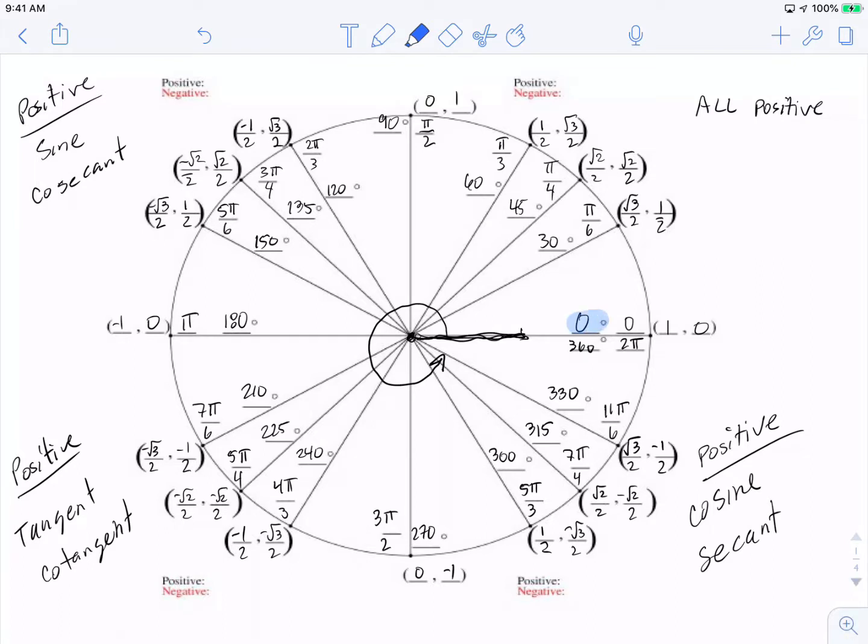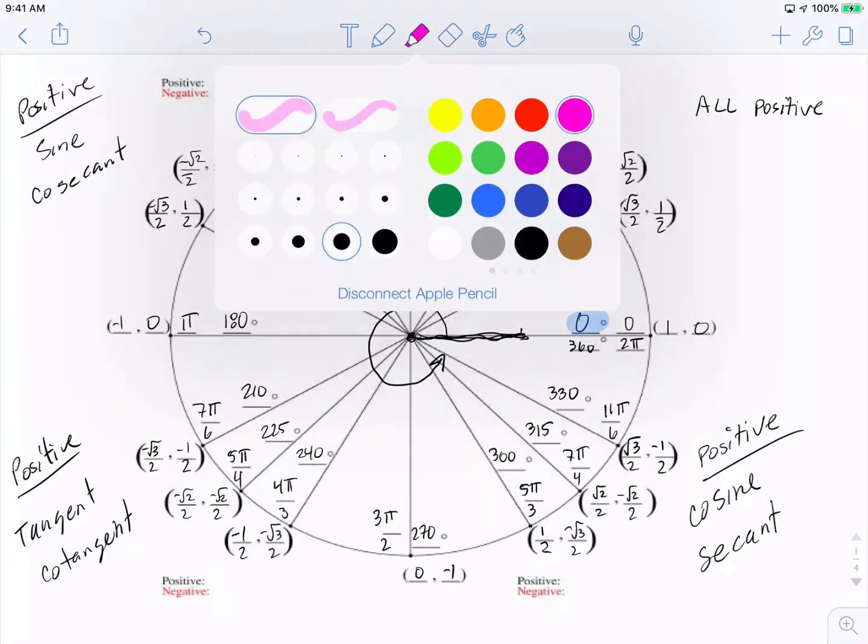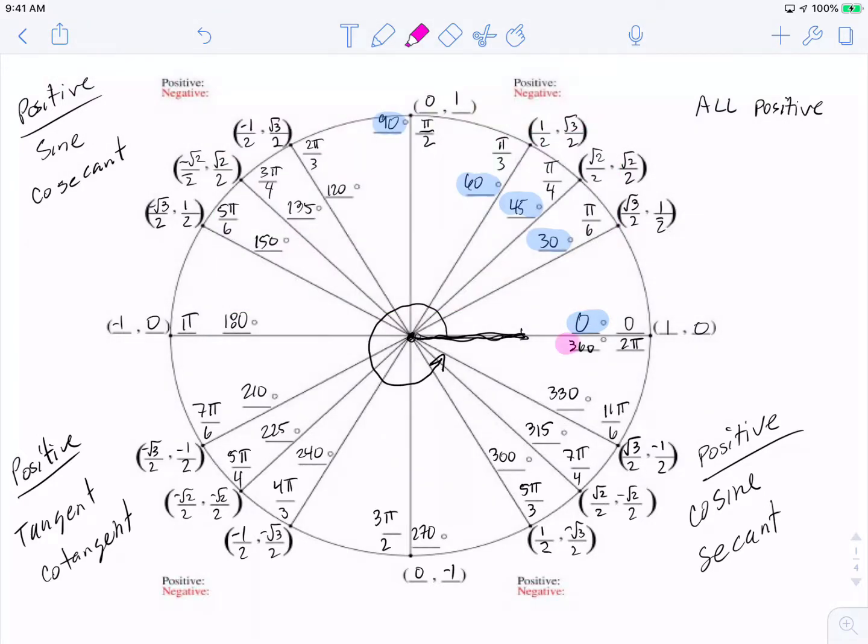These are degrees: 0 degrees, 30 degrees, 45 degrees, 60, 90, and then it goes all the way around. When it comes back to 0, it becomes 360 degrees, so that's a full rotation around the unit circle, or around any circle. If I'd gone around it twice, that would have been 720 degrees.